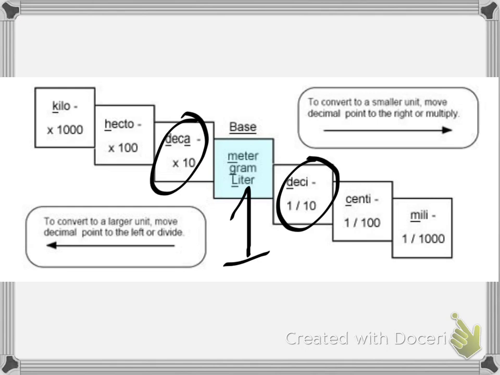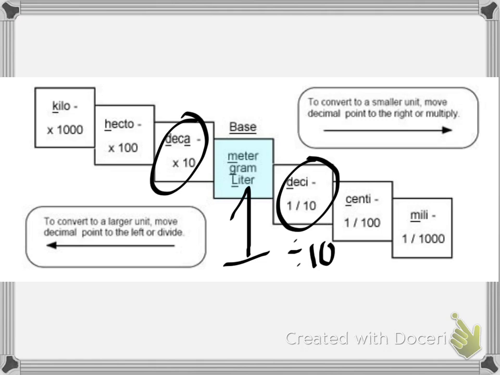So that's why it's 10 and 1/10. And of course, this is also divided by 10 because a fraction is a division problem. And of course, deca, like a decade, 10 years. Deca is like December, which used to be the 10th month, just like October used to be the 8th month. So these all deal with 10.